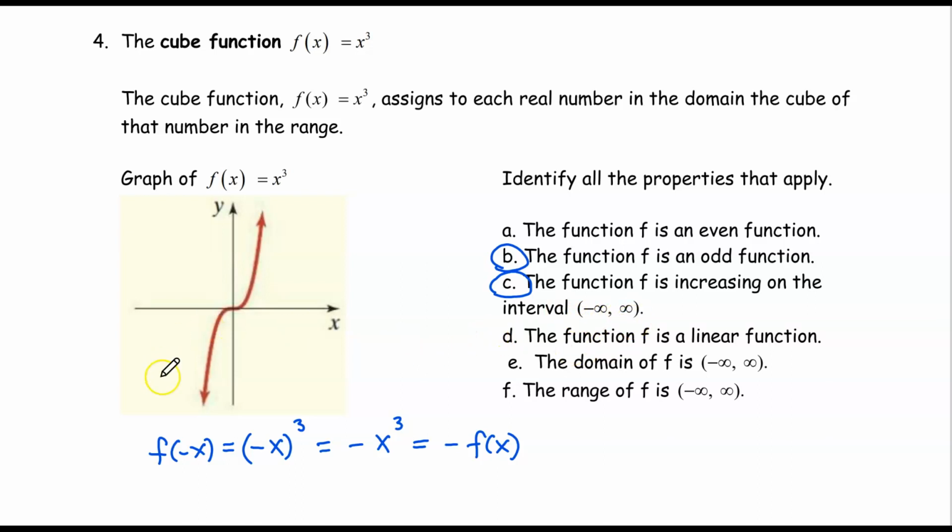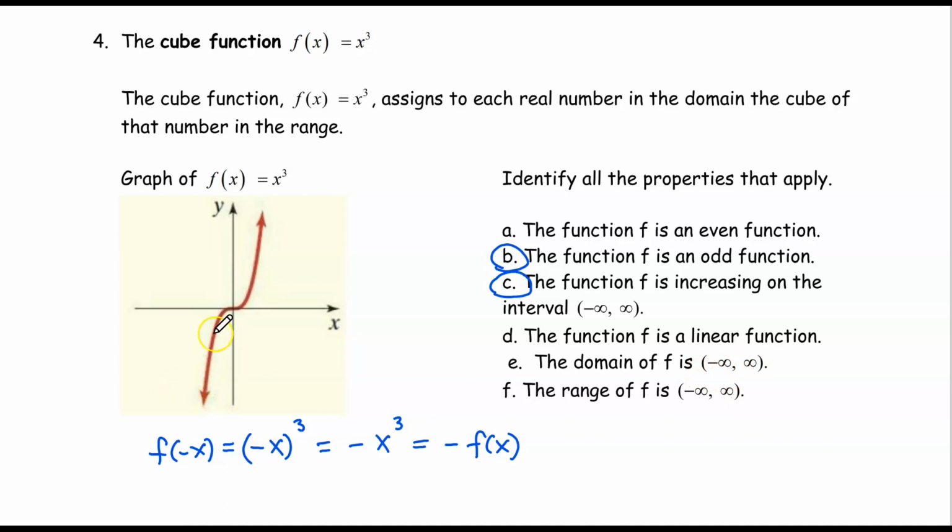Is this a linear function? It's not a linear function. It's not a linear function if the exponent of x is no longer equal to 1. Now, what's the domain of this function? The domain of this function here, as you could see, is defined for all real values of x. So the domain is negative infinity to positive infinity.